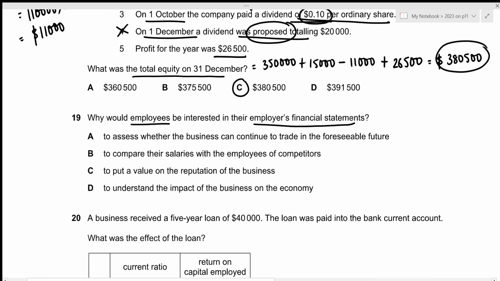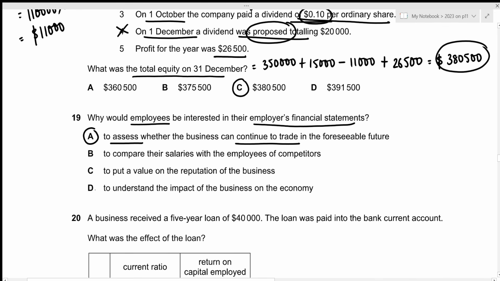And the other concerns will be whether or not the business is earning enough so that the employee might have a chance at promotion or have a chance at any sort of bonus. Okay, so the first option is to assess whether the business can continue to trade in the foreseeable future. So this again directly ties up to the fact that they will be interested in their job security, and their job will only be secure if the business has enough trading capability in the future as well. So option A will be the correct answer.